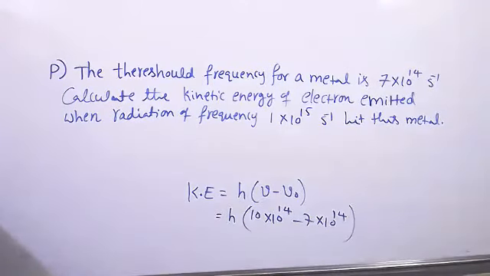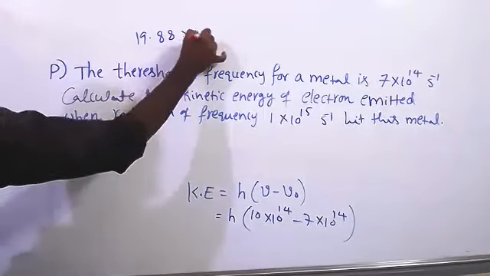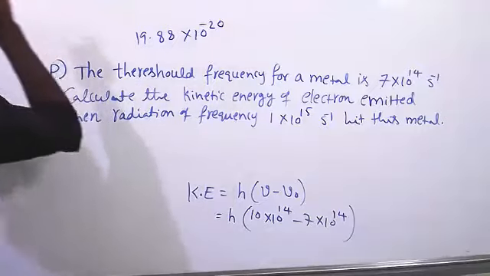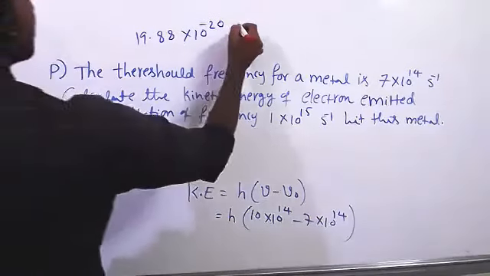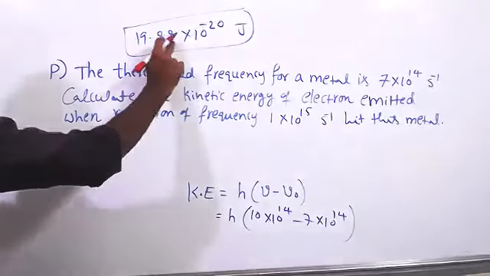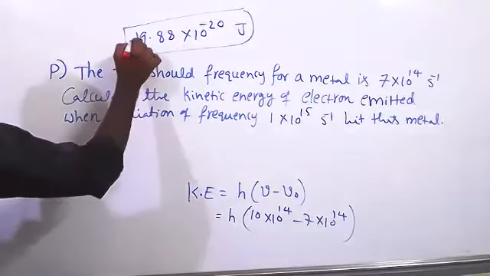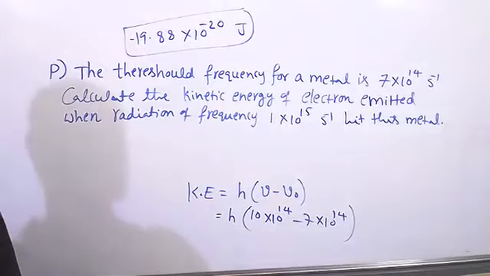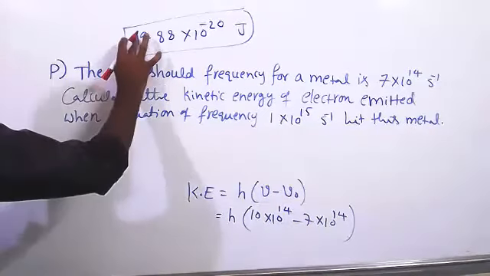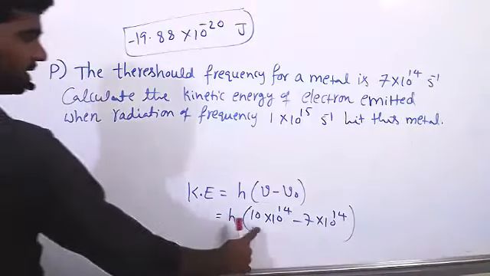So what was the answer? The answer is 19.88 or 19.87, also correct, into 10 power minus 20 joules. Even after 19.8, if you get any number, I'm okay. Student: I'm getting it as minus 19.82. Yes, it will be minus, because 7 minus 10 is minus 3.